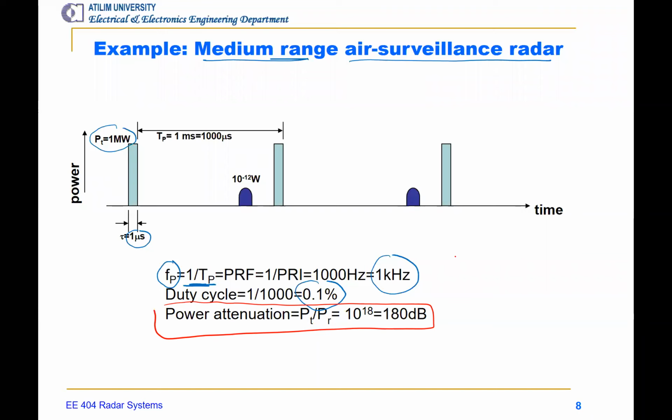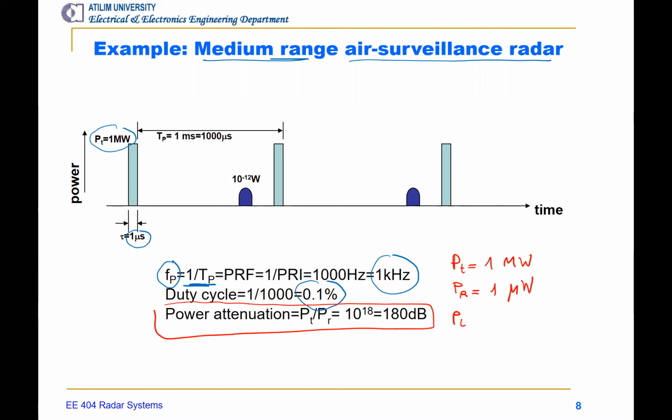Let's say my transmitted power is 1 megawatt, and let's say the received power is 1 microwatt. Usually the transmit power is quite big and the received power is quite small.